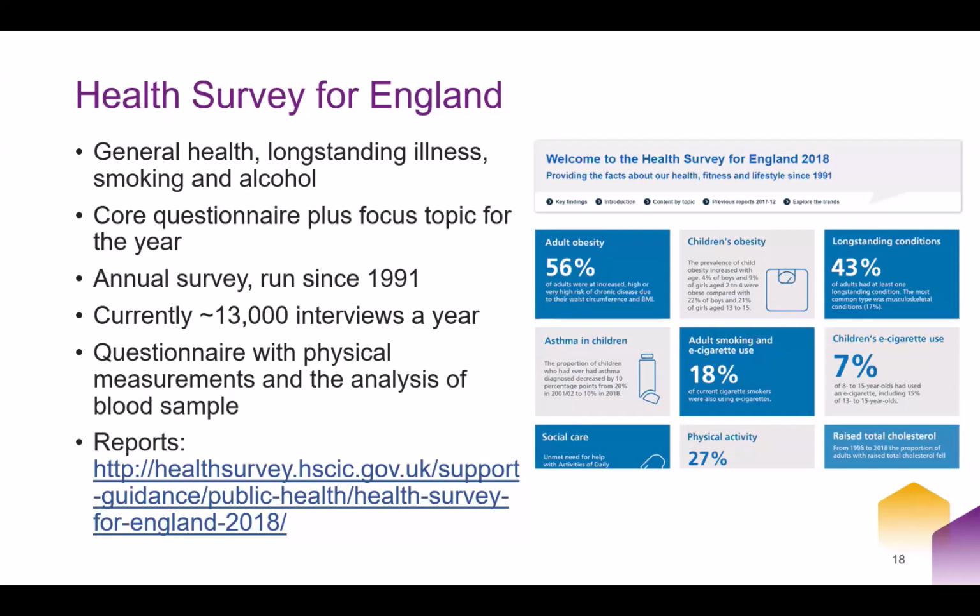For example, and that's the screenshot we have here, this is from the report from the 2018 survey, and it includes, as you can see, information about blood pressure, obesity, diabetes, and other public health indicators. So this really makes the survey valuable for both academic research and for public health planning.